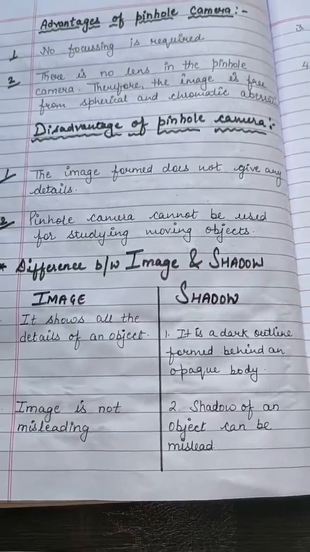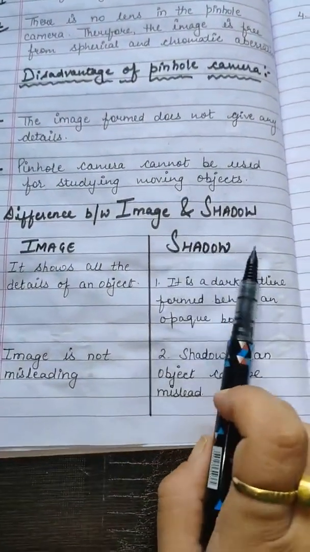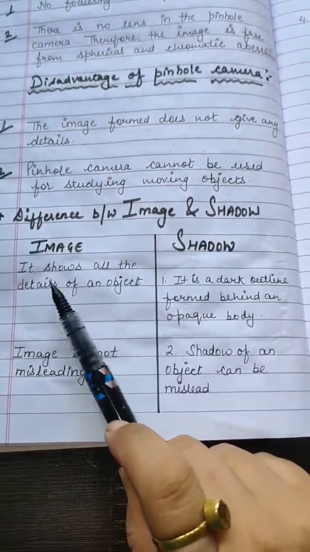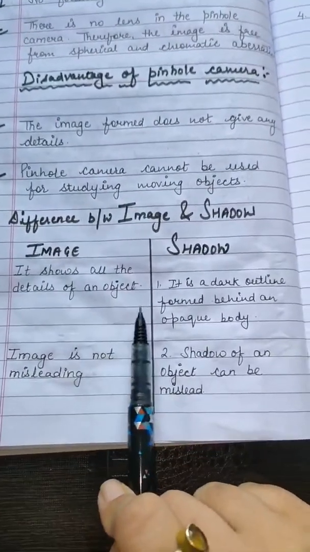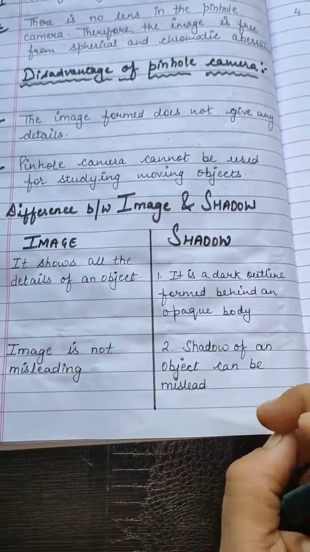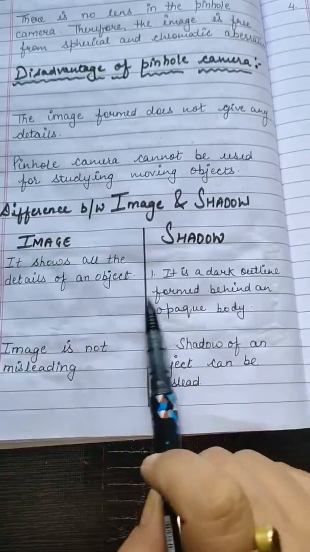Now the next is the difference between the image and shadow. Images show all the details of the object. Whenever you take the image or picture of any object, it gives you all the details of that object.